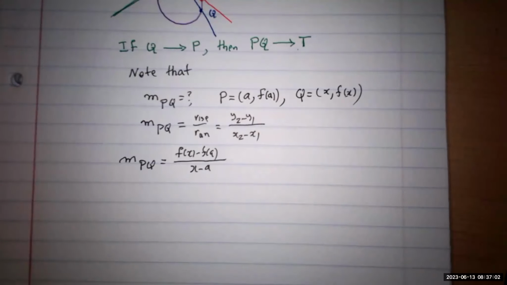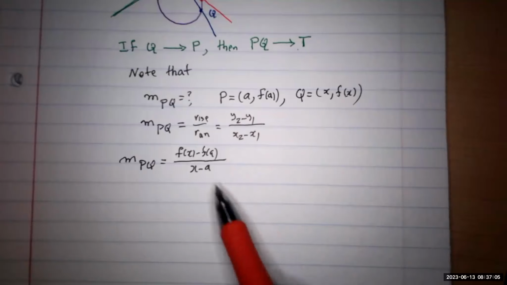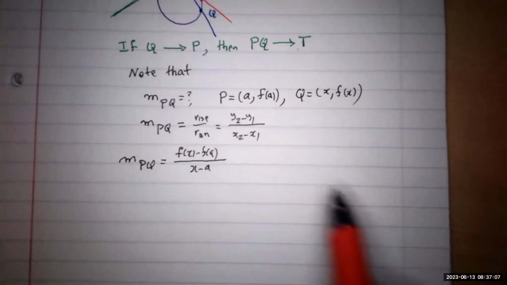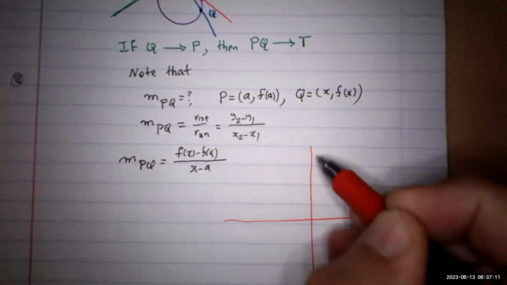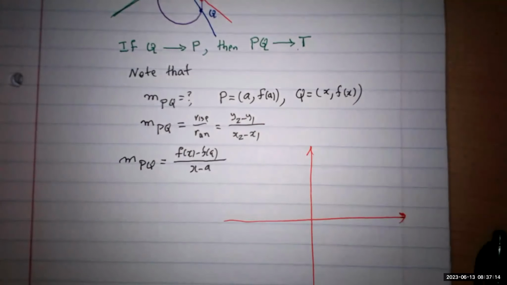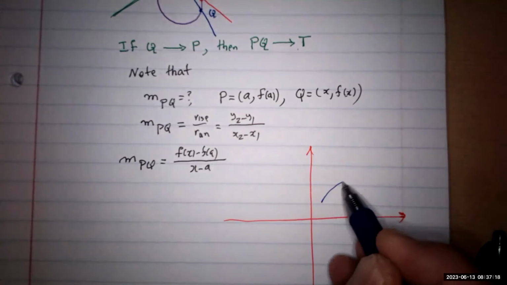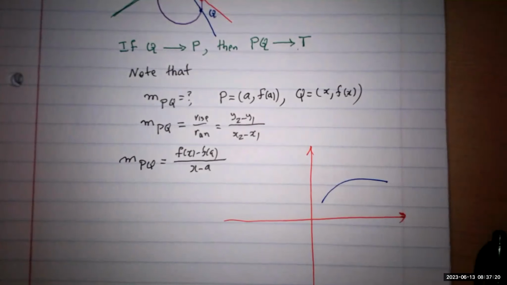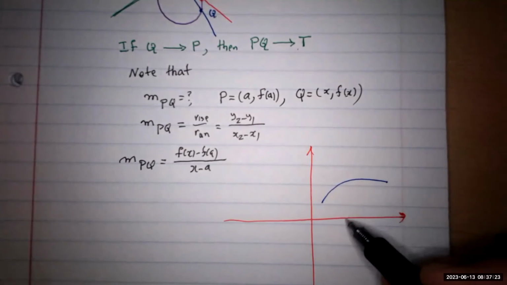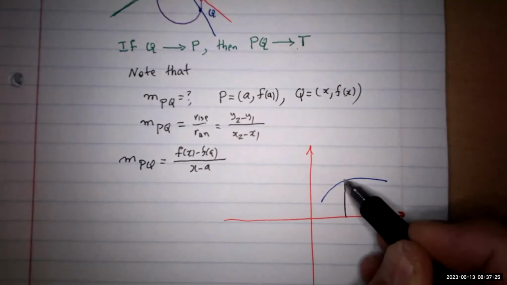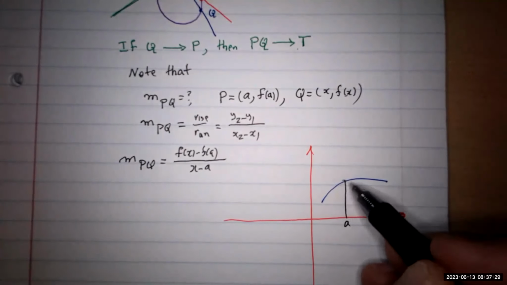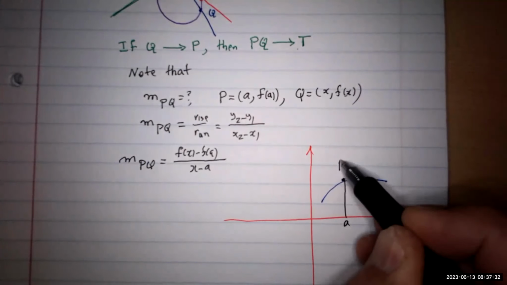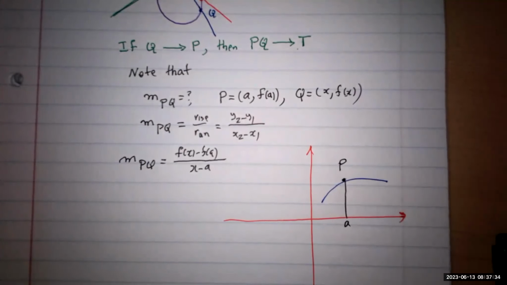Now, let's go back to see what would happen if this Q goes to P. That was the idea for the circle, and they used the same idea for our graph. This is the point P over A. We pick an arbitrary point, and since it's arbitrary, we set it equal to x.